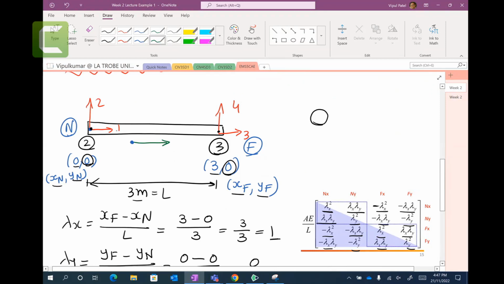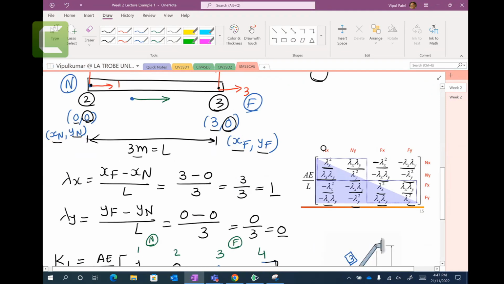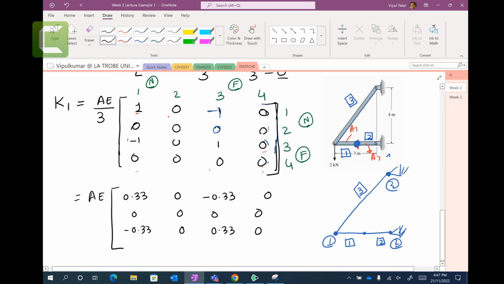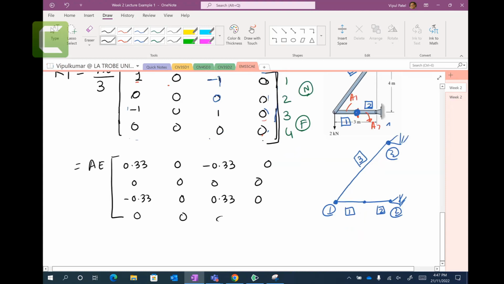So near node x is 1, 2. Far node x is 1 and 2. So I hope it makes sense. And we can just get these three inside. So AE, you get 0.33, 0, minus 0.33, 0, 0, 0, 0, 0, minus 0.33, 0, 0.33, 0, 0, 0, 0, 0.